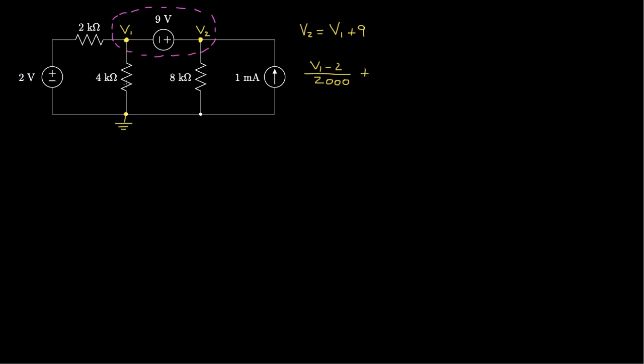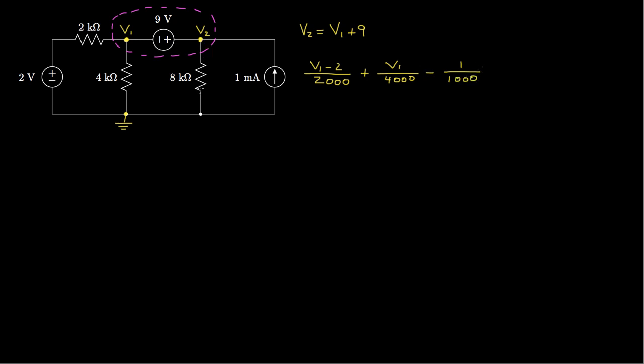Now in this direction, we have V1 minus 0 over 4000. Now out of this node, well, we have the current 1 milliamp flowing in, so we'll subtract 1 milliamp, and I'll write that as 1 over 1000.